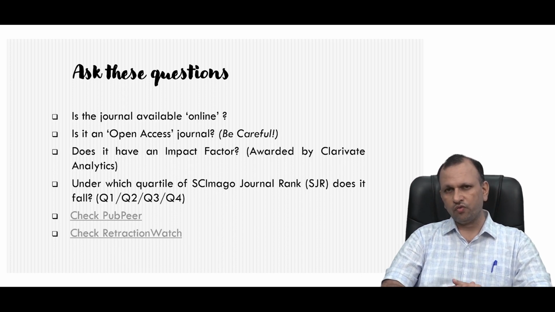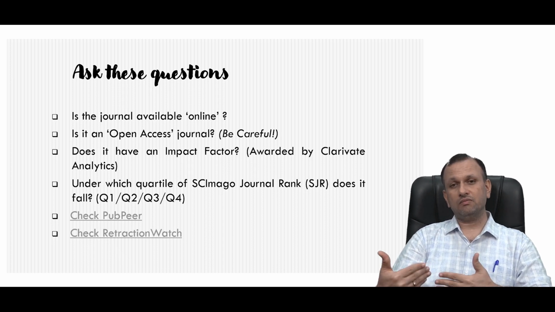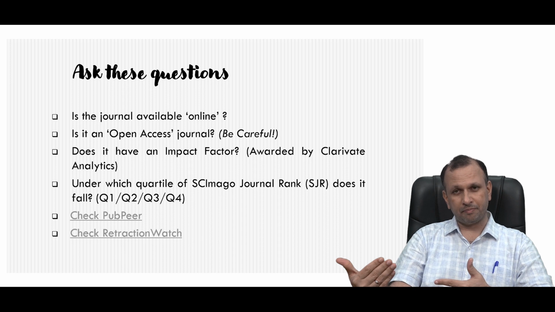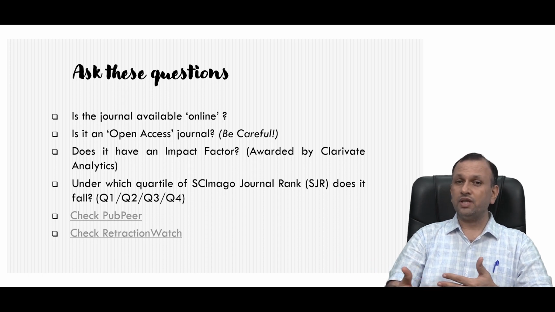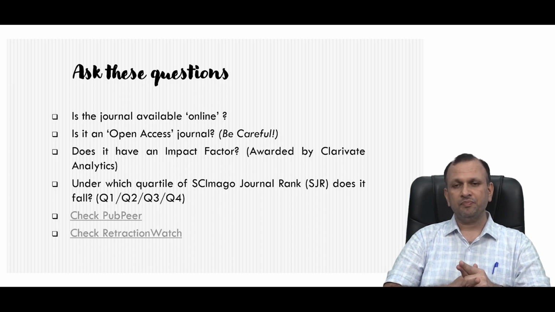So you may look for a journal on PubPeer to see how many articles published in that journal are there, and that might give you an indirect idea about the peer review process and how stringent it is.